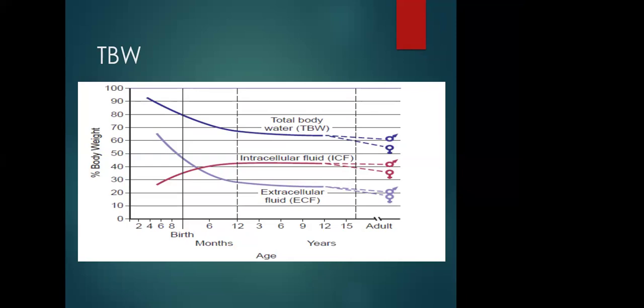About total body water, we all know that when you are a fetus inside the mother's womb, you have a lot of fluid. Before birth, you usually have more than 90% total body fluid. But as you grow in utero, your fluid decreases with time, and when you reach term, your total body water is about 80%.